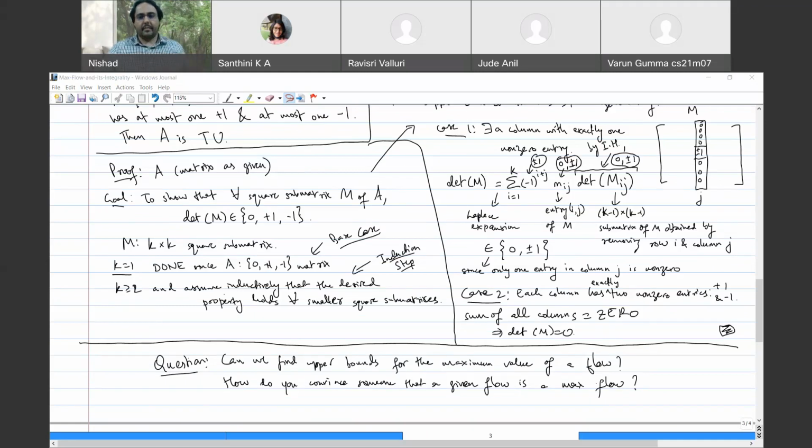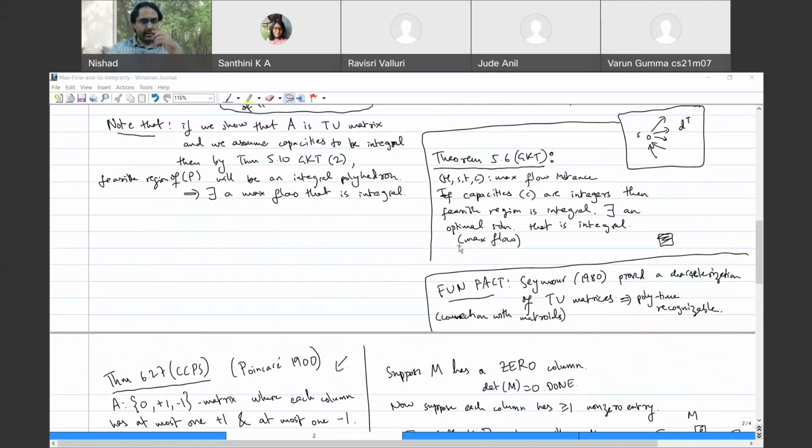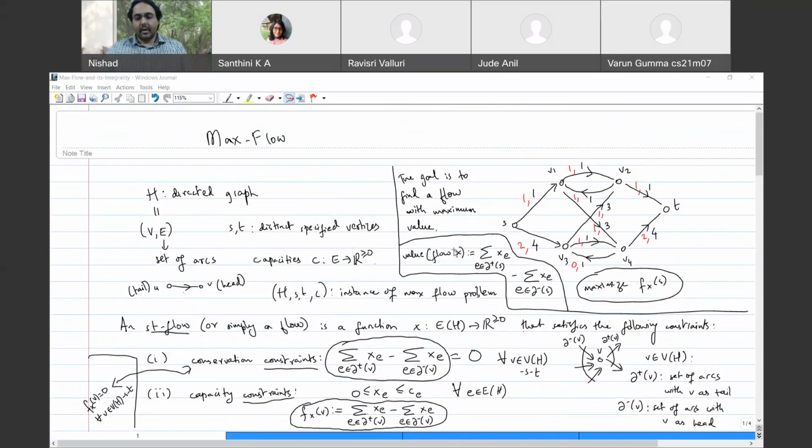Okay, can you see the other page I've shared? Thank you. All right, so let's go back to this example. And we want to focus only on the red colored numbers. We don't want to focus on the black numbers, okay? Because those are the capacities and they don't matter for proposition 3.3.